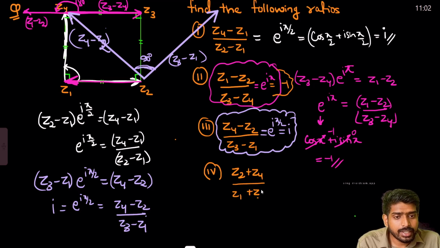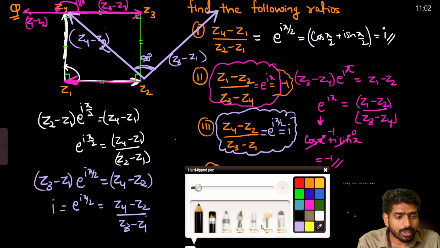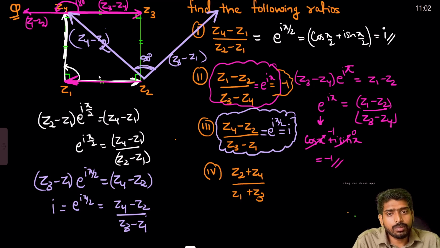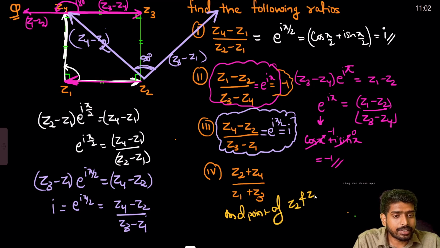Now next question. They said z1 plus z3 and z2 plus z4. This they want. We can do this question by finding the midpoint. What is the midpoint of z2 and z4?